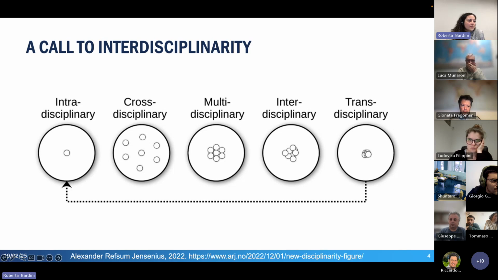And I think that the consortium that held this seminar today is doing exactly that. So moving from multiple perspectives to create a merged one.